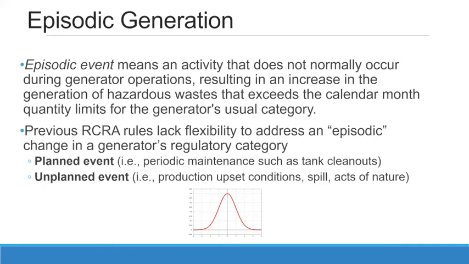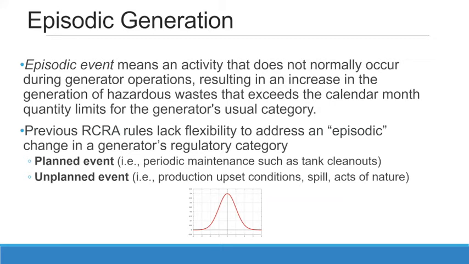For the episodic event, there's basically 2 types: planned and unplanned. Examples of planned events include periodical maintenance, such as tank cleanouts, but it would not include an increase in hazardous waste due to production. And then unplanned events: production upsets, spills, acts of nature.